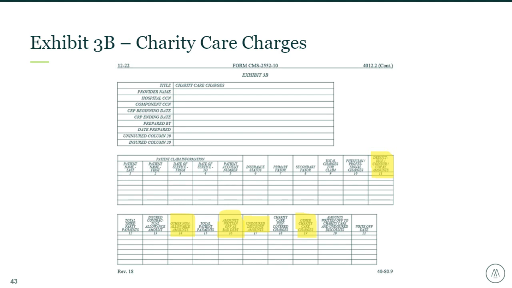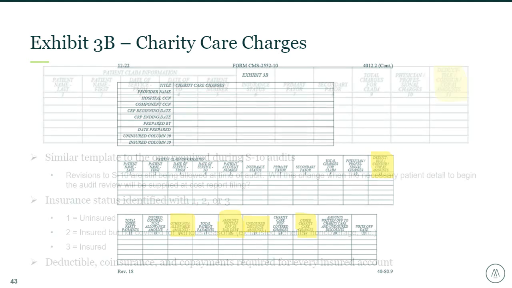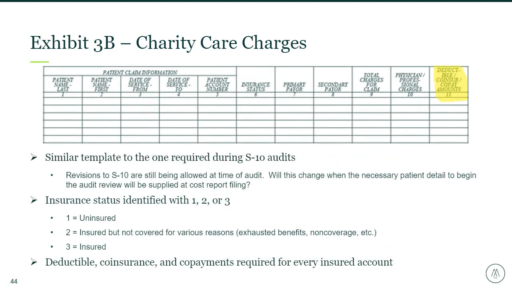So if we take a closer look, one of the big struggles, and it all goes back to the charity, uninsured, and insured, is that for an insured patient on charity that's been written off to charity, they need to claim the deductible, co-insurance, or copay amounts.